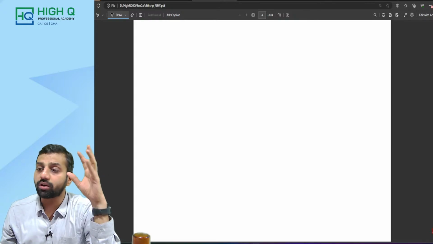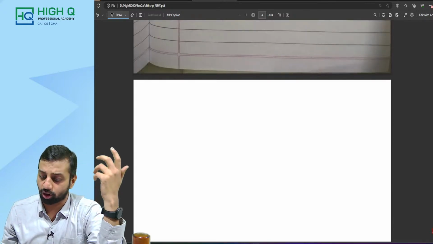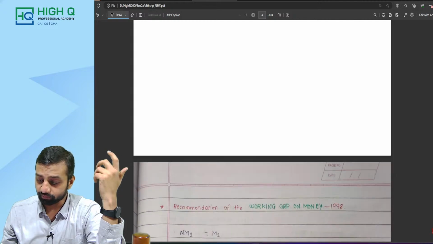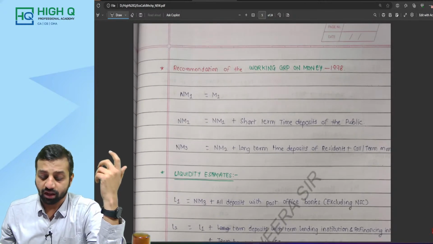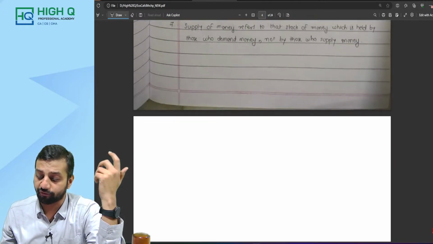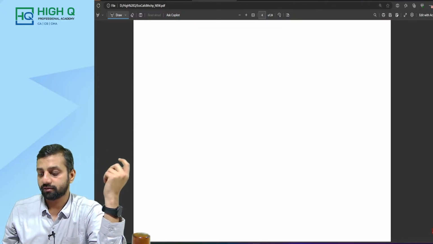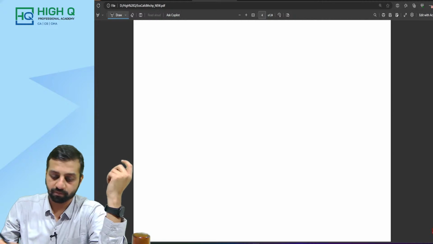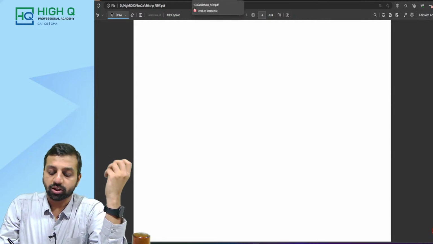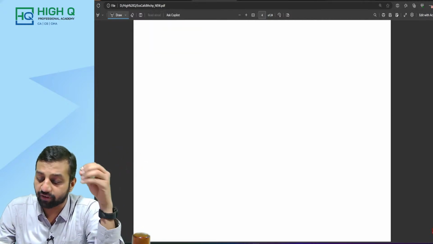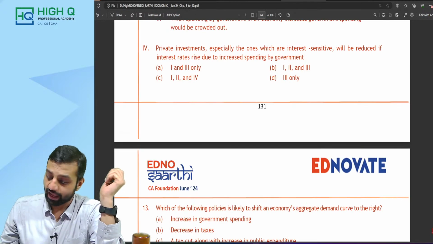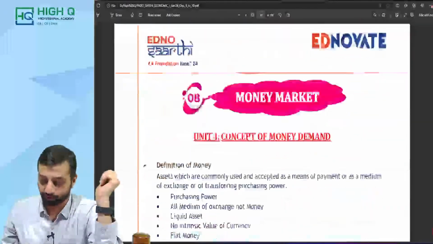Now we calculate money supply. So there are certain formulas which are there under the calculation of money supply. You have studied the concept of M1, M2, M3, M4.